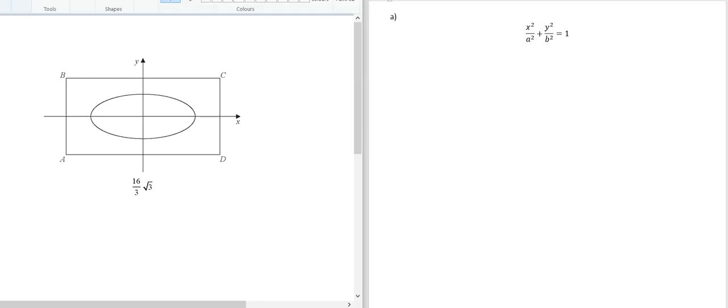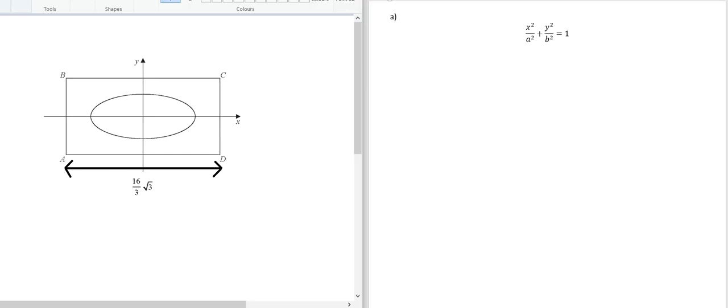But we also have information about the lines AB and CD. We're told that those are the directrices of this ellipse. That's going to be really useful for us because, as I've already mentioned, we've got a formula for the directrices of an ellipse.